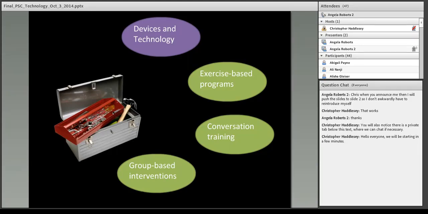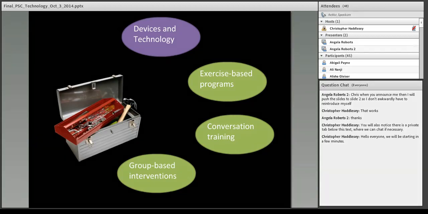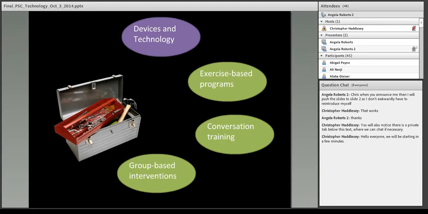Exercise programs such as LSVT and newer programs that are coming out and being published are usually aimed at increasing voice volume and making the speech more clear. Therapy approaches like conversation training and group-based interventions can be used to support cognitive changes, language changes, as well as speech changes in Parkinson's disease.